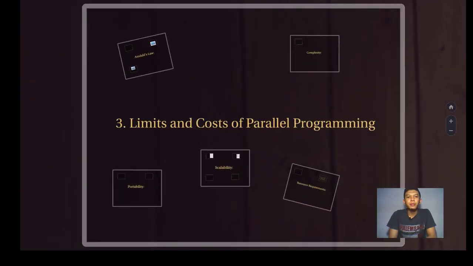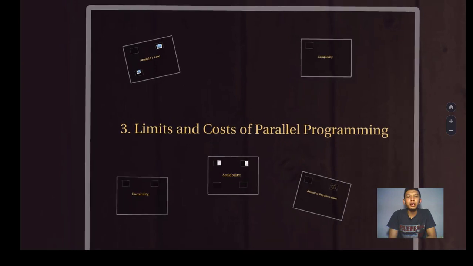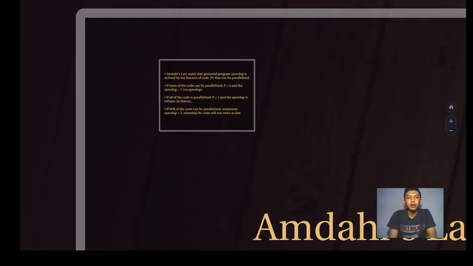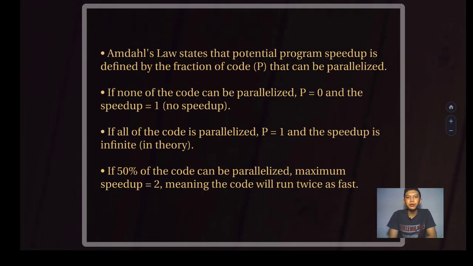3. Limits and costs of parallel programming. Amdahl's law. Amdahl's law states that the potential program speedup is defined by the fraction of code, P, that can be parallelized. If none of the code can be parallelized, P equals 0 and the speedup equals 1, or no speedup.